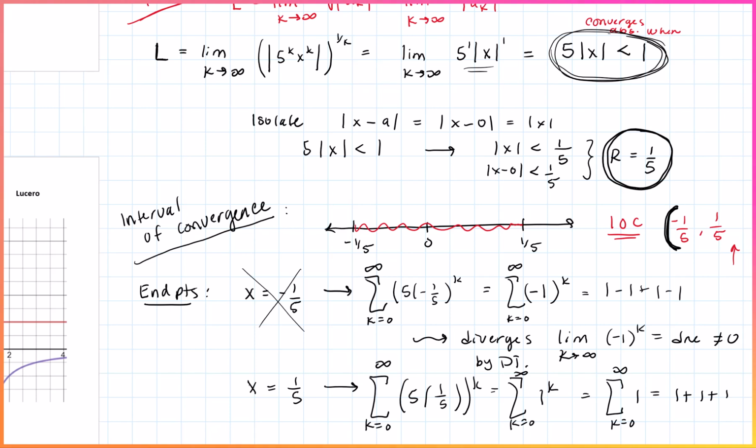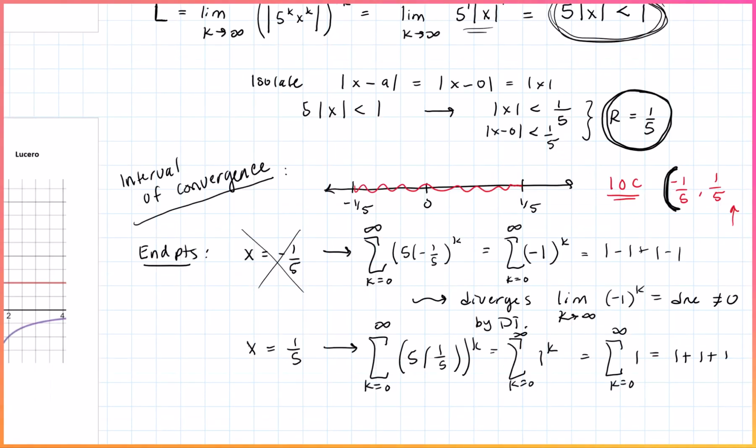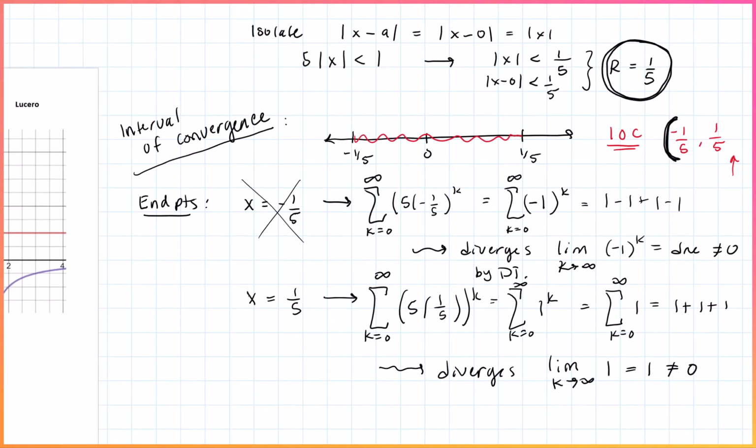Same thing that we just talked about, that is also going to diverge by the divergence test. This diverges because the limit as k goes to infinity actually exists. That's equal to 1, but that's clearly not 0. So that diverges by the divergence test as well. So my interval of convergence cannot include either of the two endpoints.